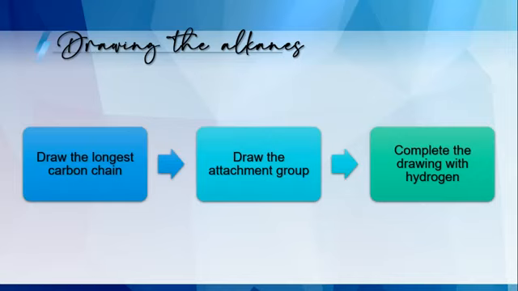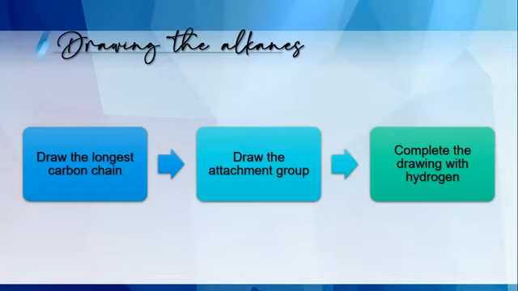I have summarized it over here. There are three basic steps for you to draw the alkane. The first step is to draw the longest carbon chain. As I described earlier in the naming, the part where you find the prefix is the carbon chain, so it's quite easy to identify in the name.